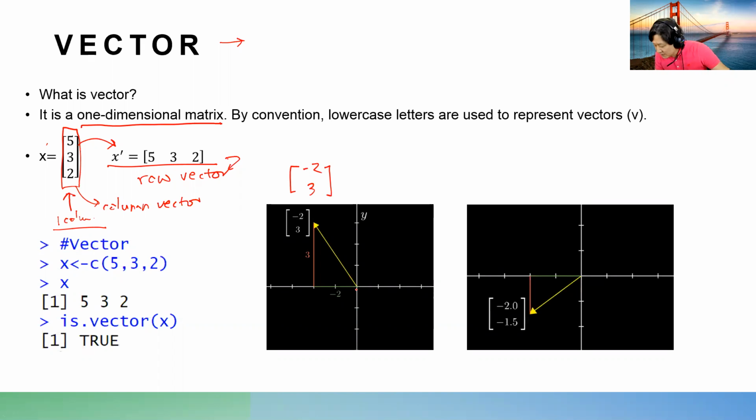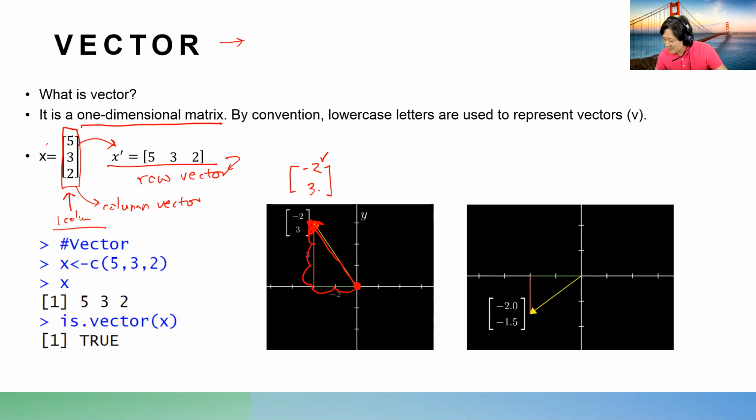Which means we go -2, 1 and 2, right? We come to the left and then go up 1, 2, 3, right? So this is the origin point, and then this line is the vector. So a vector tells us some direction.